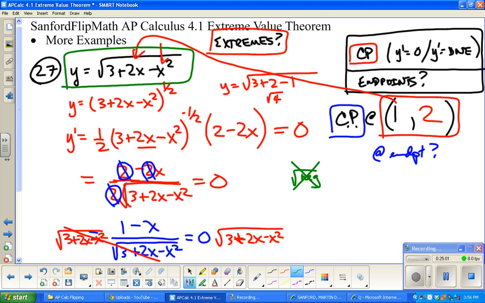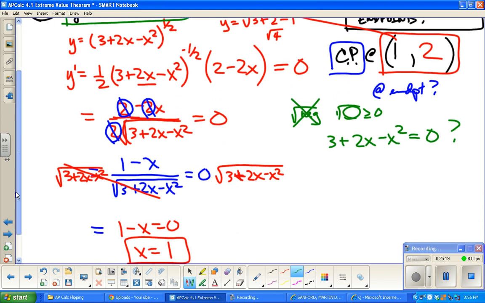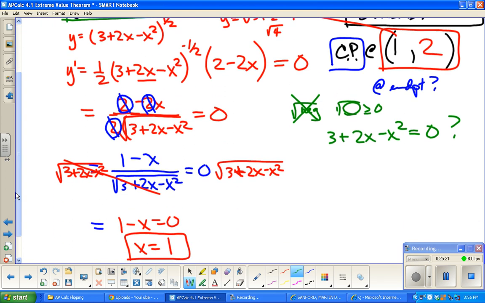So the inside has to be greater than or equal to 0. In other words, 3 plus 2x minus x squared, I really want to know where that's equal to 0. Those values will be boundaries, those will be endpoints. So I need to solve this.